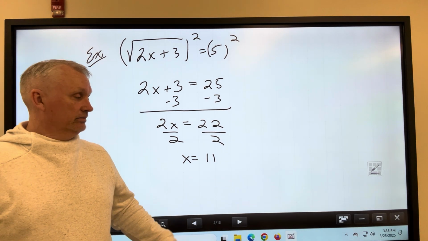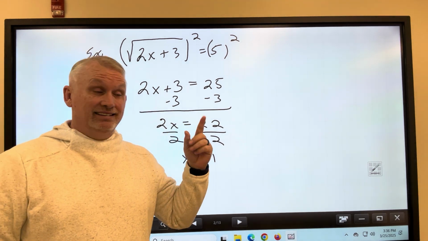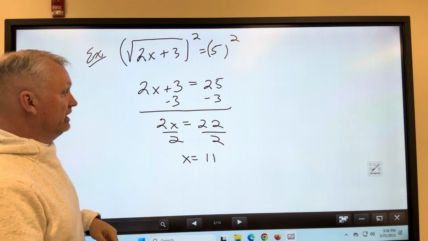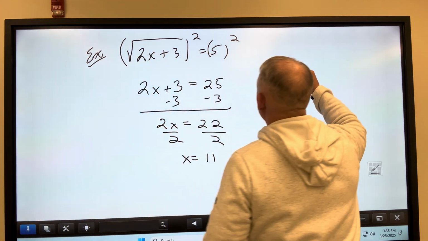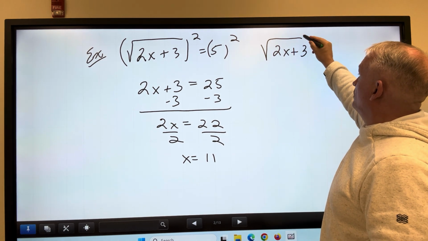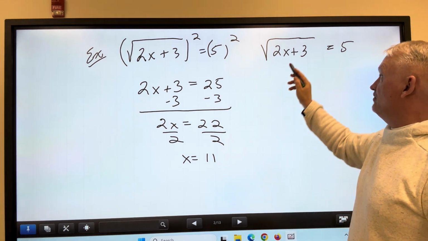Well, you're saying, great. Well, that's pretty simple. But here's the thing. I have to check it. I have to check it in this original to see if it works. So now I'm going to go check the result. So I have this. I had the square root of 2x plus 3 is equal to 5. Plug 11 in for x.